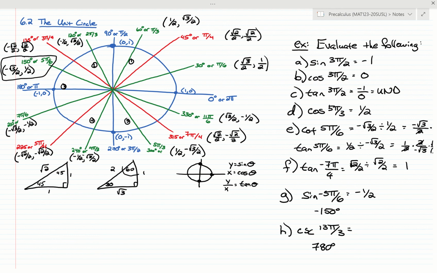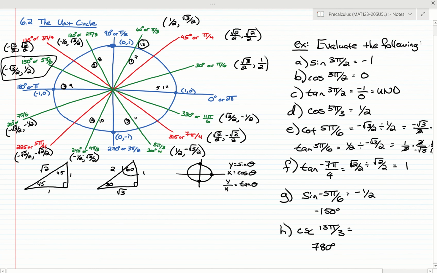So we're up to 5, 6, 7, 8, 9, 10, 11, 12, 13. So 13 puts us right here.